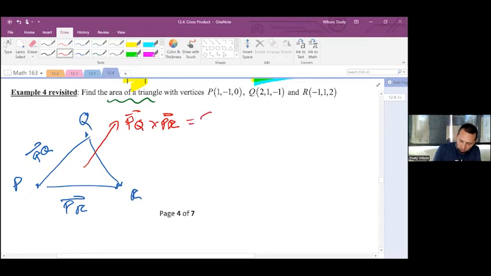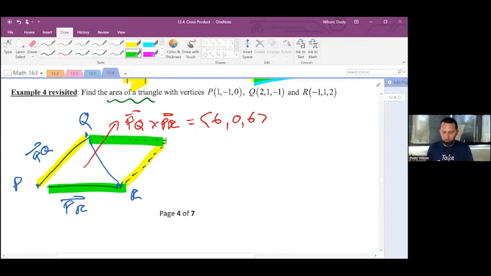And I think we found it to be 6, 0, 6. Now, graphically, we could ask, how long is that vector? Its length is the same as the area of the parallelogram formed by taking the PQ and the PR vectors.